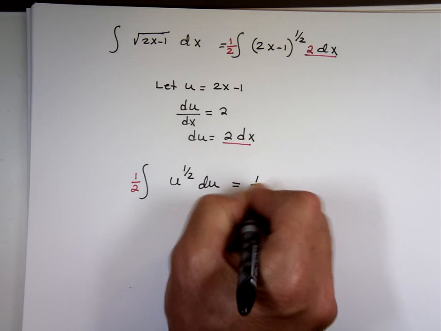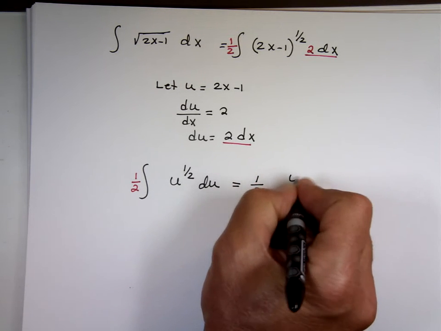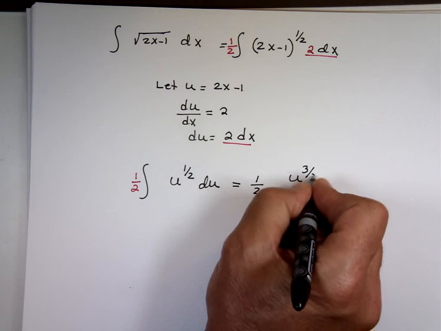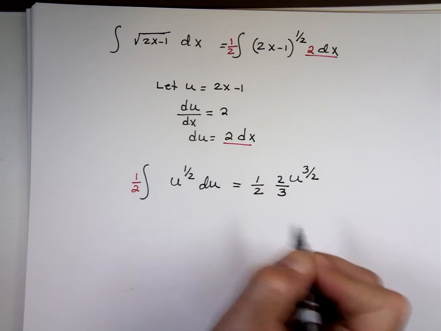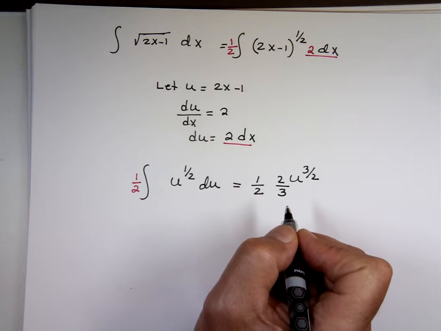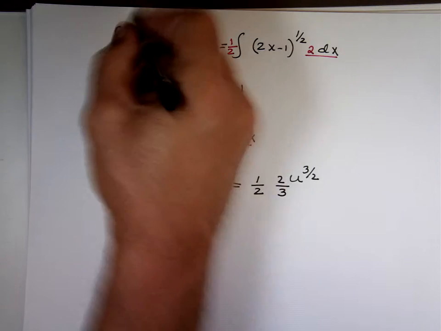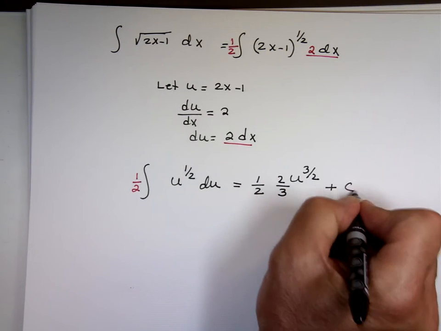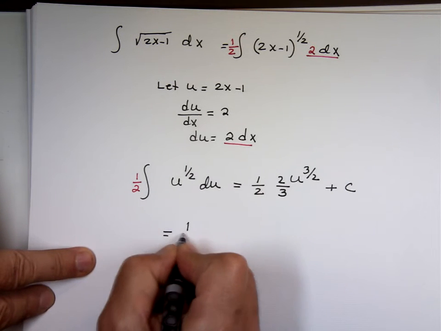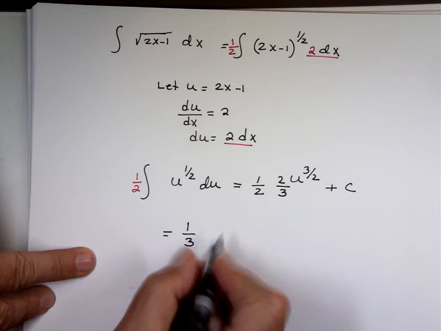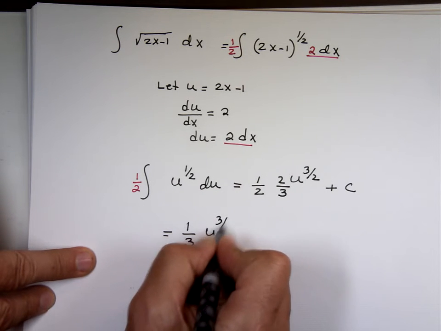One half, let's integrate that. Add 1 to the power, that's 3/2. Dividing by 3/2 is the same as multiplying by 2/3. That's an indefinite integral, you have to add the c. So 1/3 u to the 3/2 plus c.